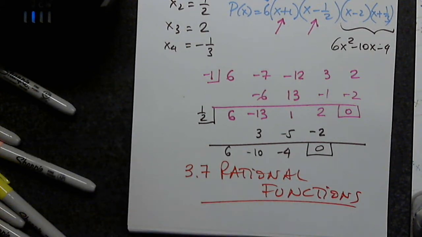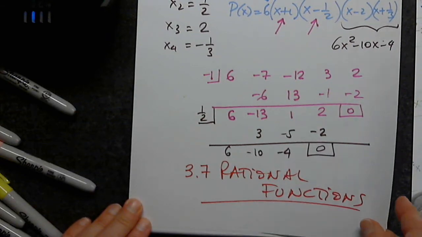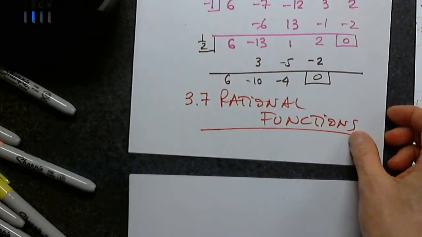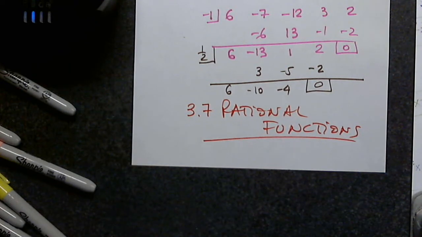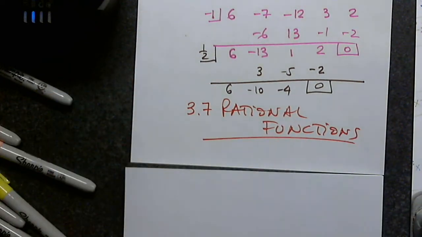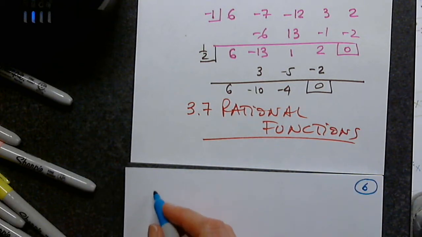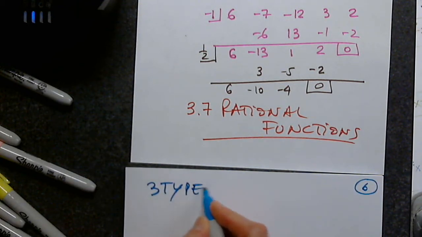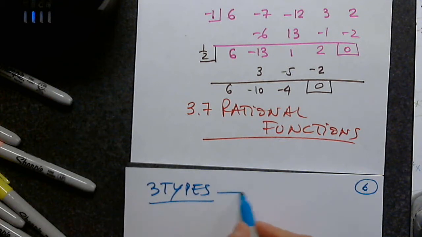In this class, we can only deal with 3 types of rational functions. Anything beyond that is not under our control at all. I'm going to call them type 1, type 2, and type 3.